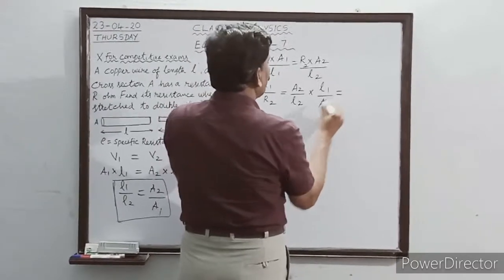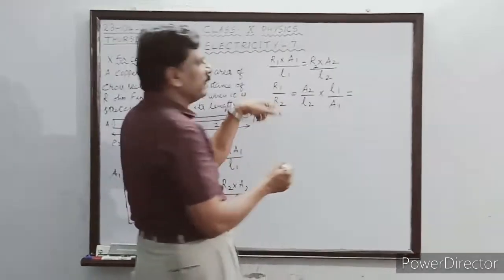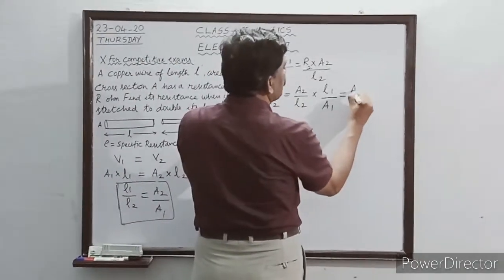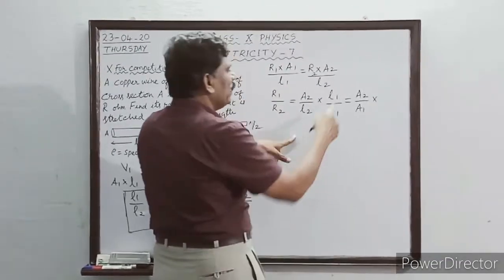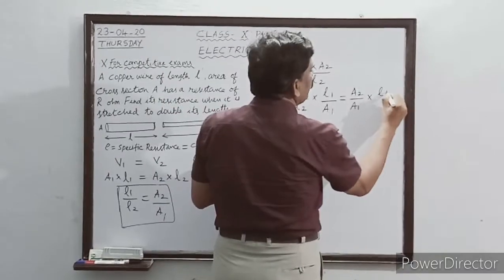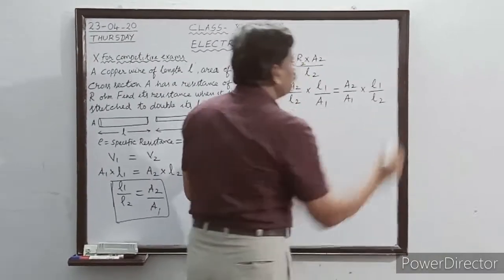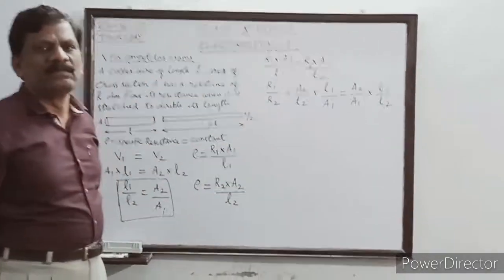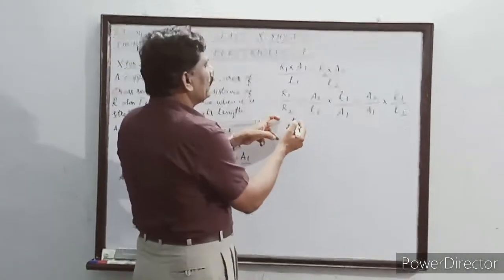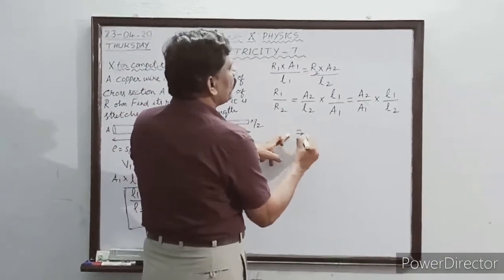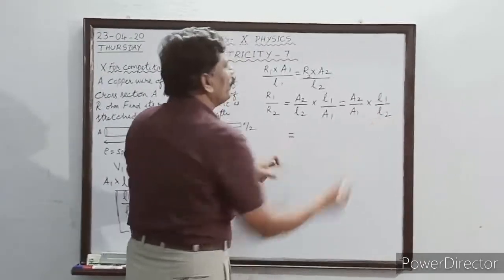Now I am going to group the terms: this is equal to A2 by A1 into L1 by L2.